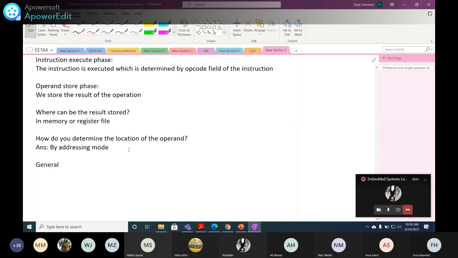It is a general purpose processor. A general purpose processor performs general tasks. It can perform an add operation, a subtract operation, multiply or divide operation. So it's the architecture of a general purpose processor.